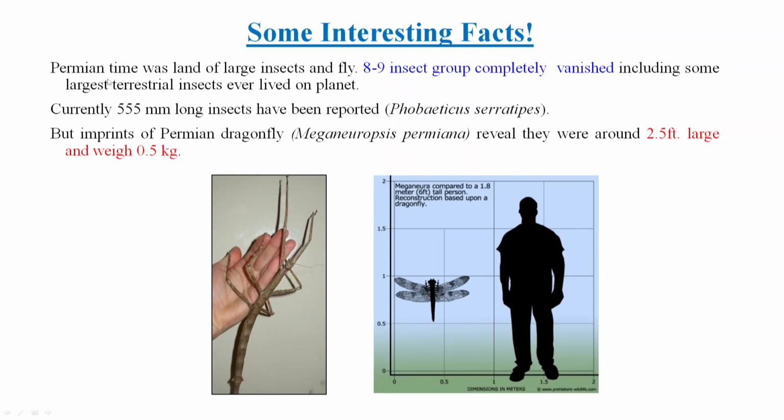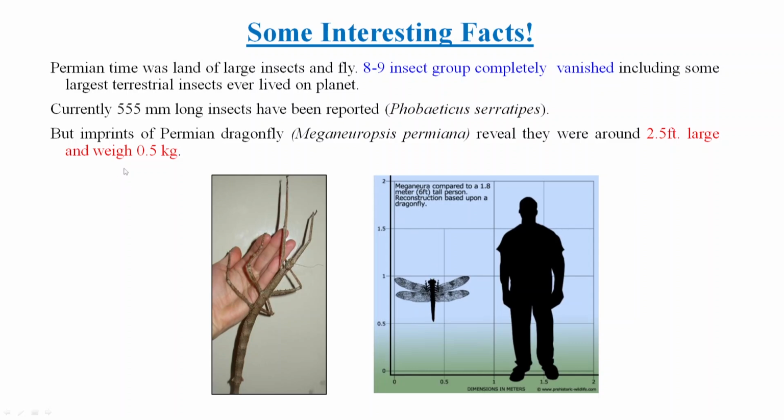So, you can see the dimension of this large insect and fly even in comparison to a normal human being, who is about 1.5 to 1.6 or maximum 1.7 meters tall. With respect to that human being, you can compare the dimension of a fly. There were flies as big as half a meter. So, possibly that was a scary place at that point of time.